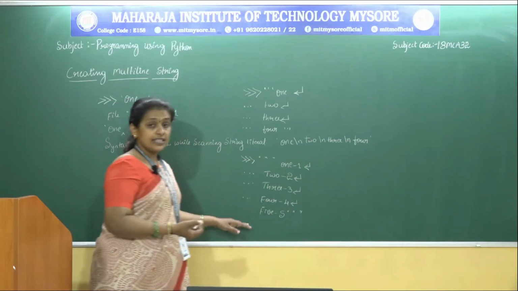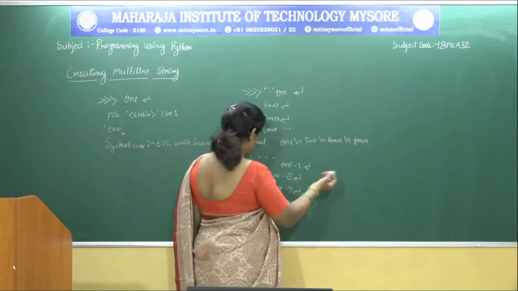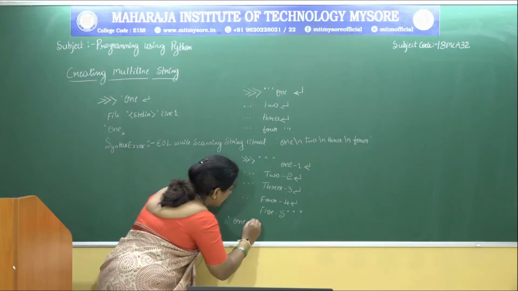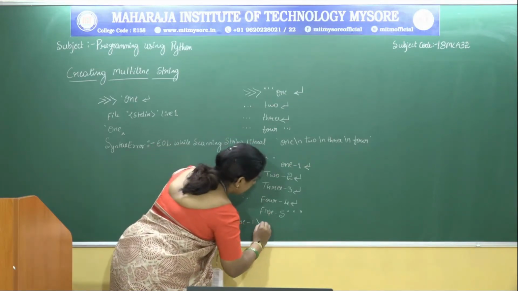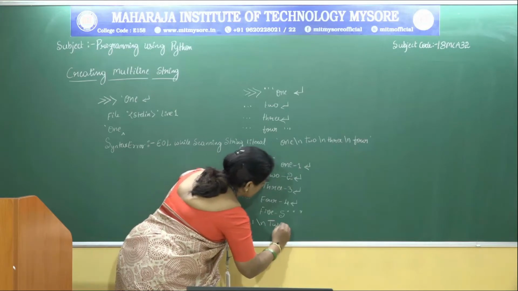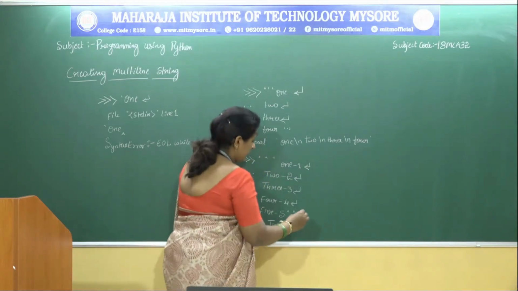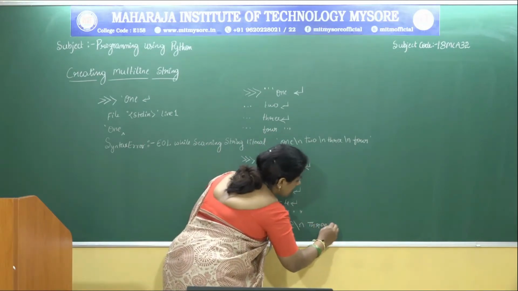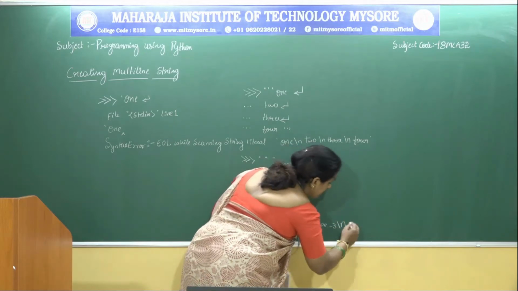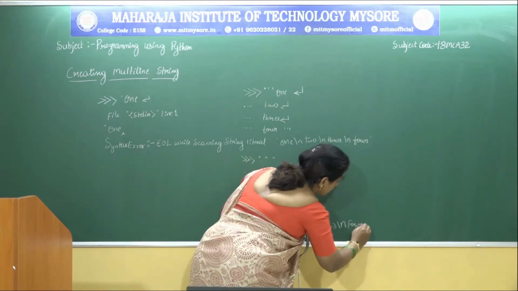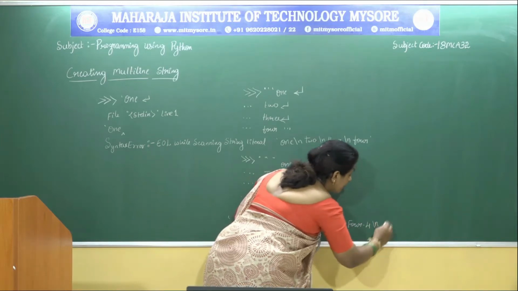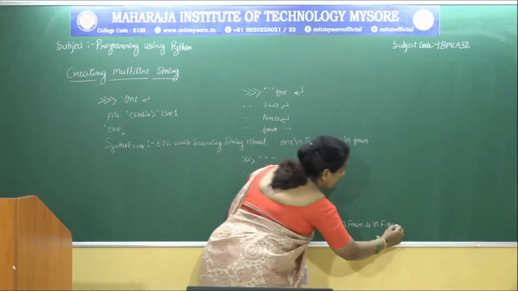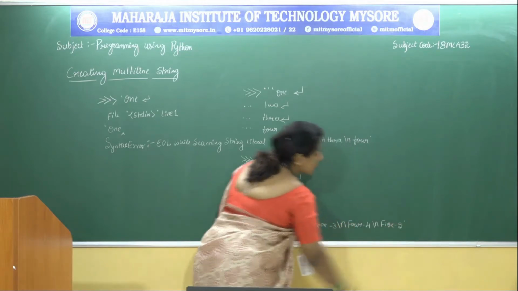So after executing this, the output is, in single quotes, 1 new line, 2 new line, 3 new line, 4 new line, 5, closing quotes.